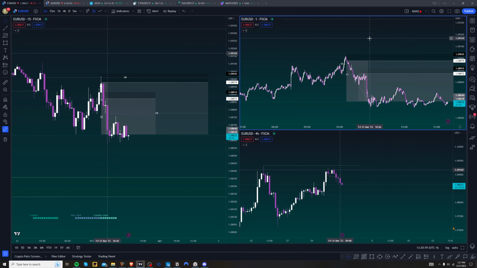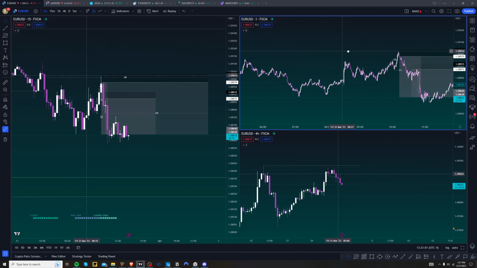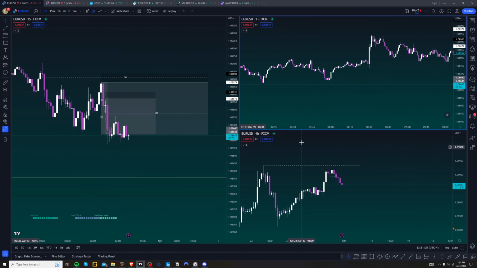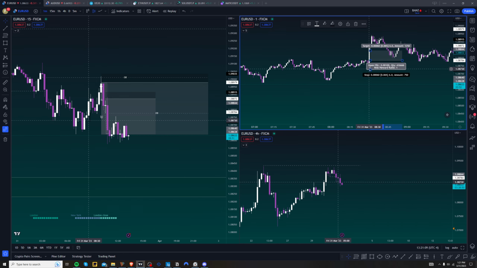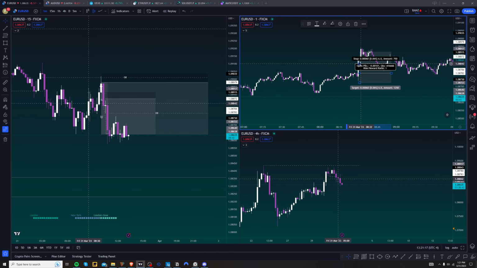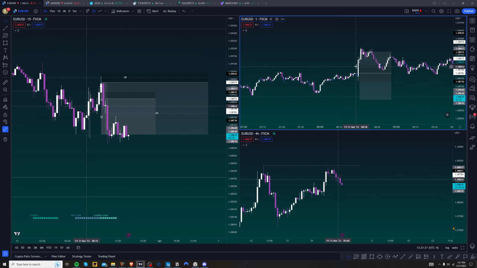So I waited till that was over. And you can see this is when news happened. If you want to, you can always do a hedge trade. You had a short and then you had a long, and one of the positions would have got filled, one would have got stopped, but you would have still made profit because it would have went in the direction.